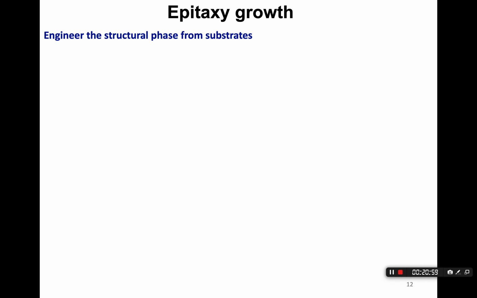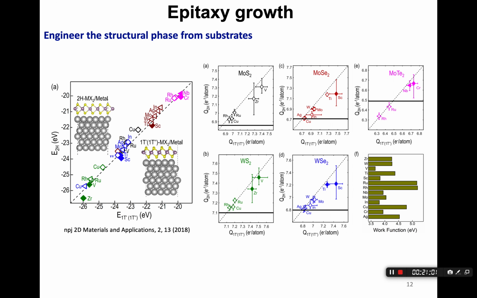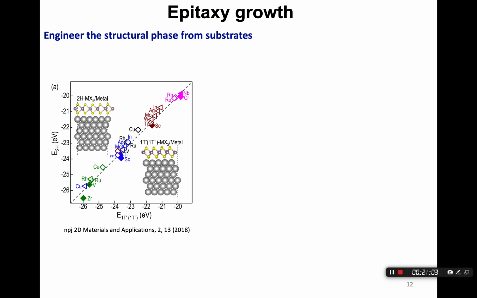In this paper, I did a high-throughput computation on different growing substrates, where typically we use metal as the growing substrate of 2D materials. It has been shown by DFT calculation that whether there will be a phase transition in this 2D metal dichalcogenide really depends on whether you have the right metal substrate.